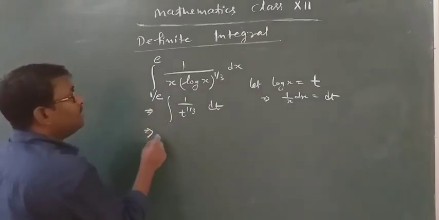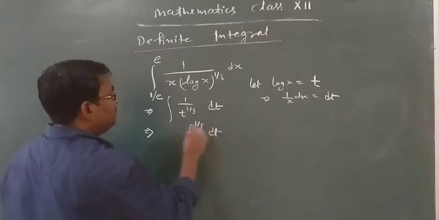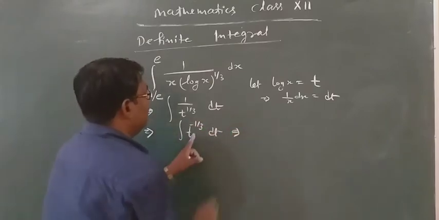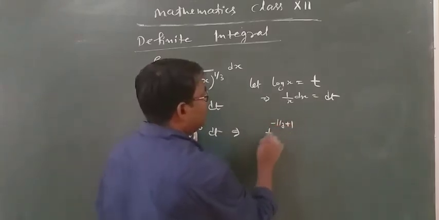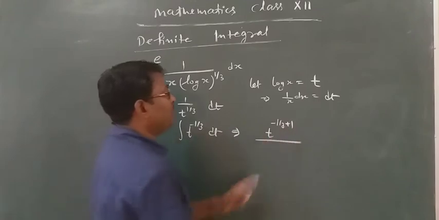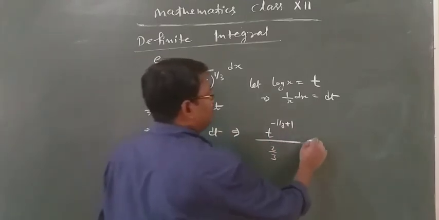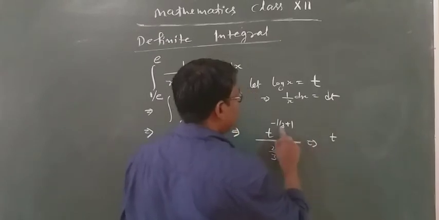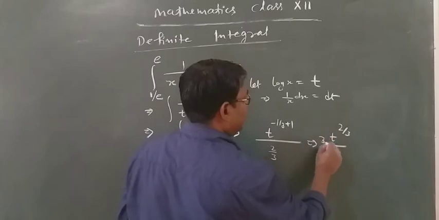This implies t power minus 1 by 3 dt. Integrating it, t power minus 1 by 3 plus 1 upon, what will you get? 2 by 3. So it implies t power 2 by 3 upon 2 by 3, or 3 by 2.